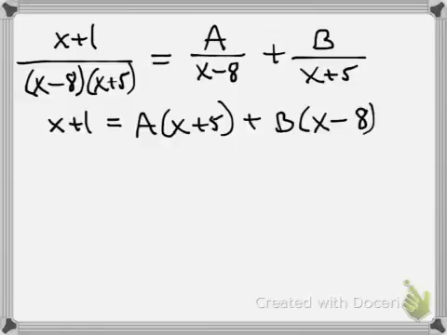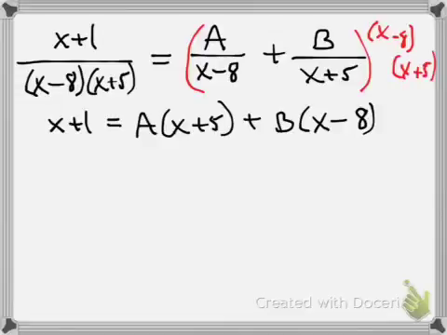Now, just to make sure, for those of you watching the video, that we know what we're talking about, I'm multiplying this right side here by the quantity x minus 8 times x plus 5. You've got to squeeze it in there. And I'm doing the same thing on the left hand side of the equal sign also. I didn't leave myself a whole lot of space.